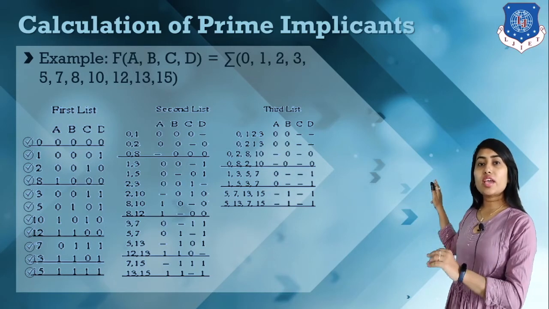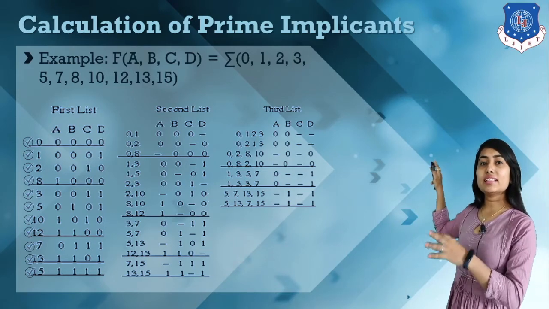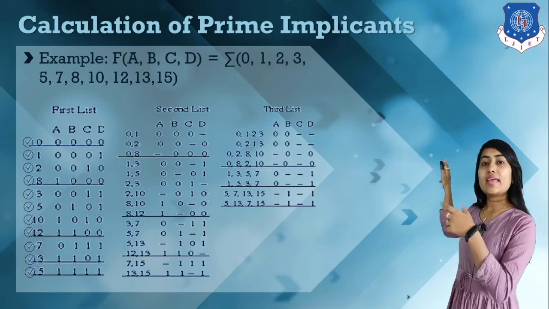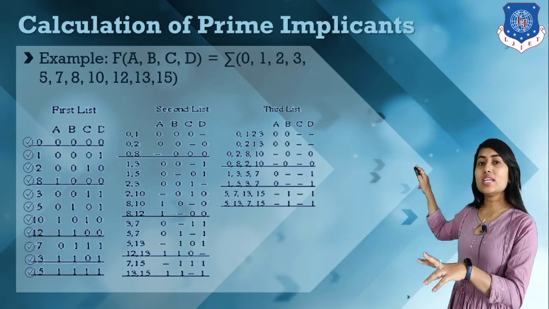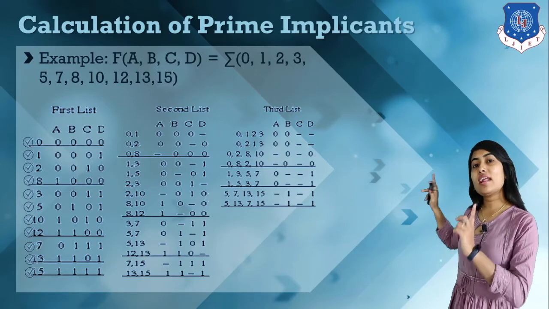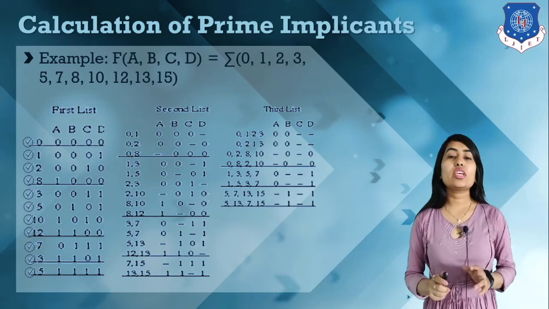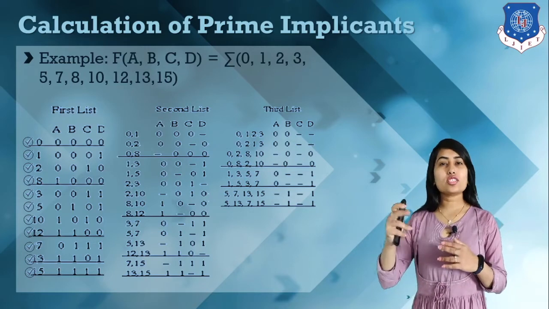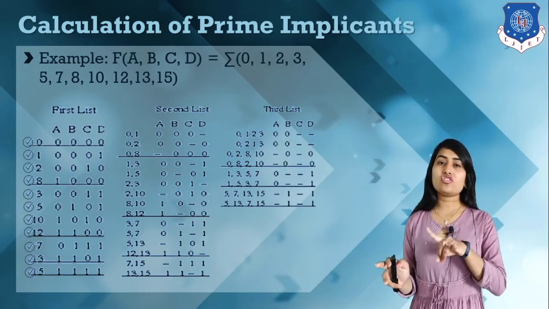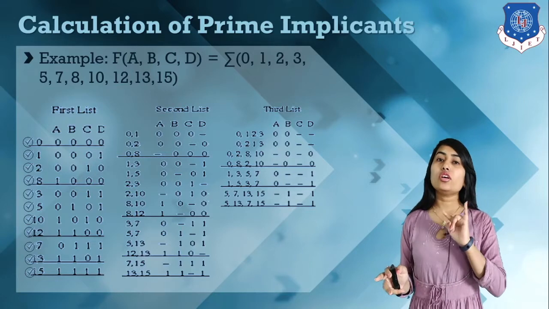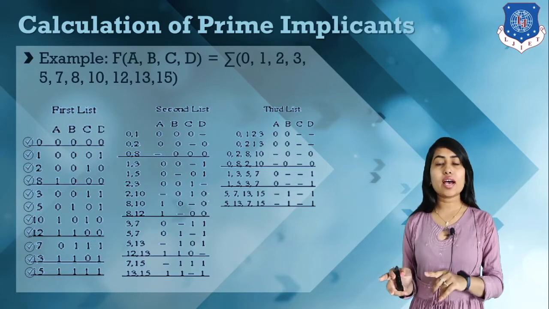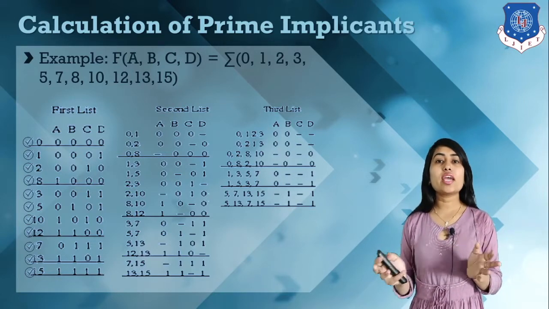So we can combine those terms and write 0 0 dash dash, because two bits are equal, one bit is different, and there is a dash also. We have to first match the dash position and then check the remaining three bits. If two bits are equal and one bit differs, we can combine that term.